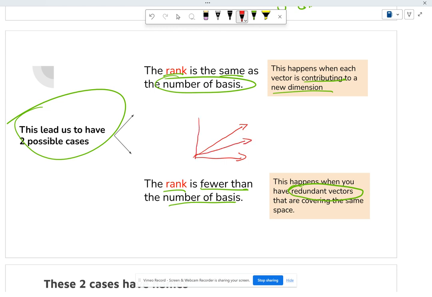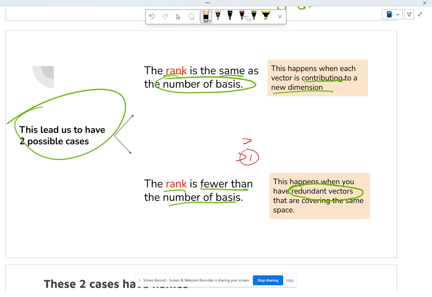The third one is actually on the same plane as 1 and 2. So imagine 1 and 2 are the x and y axis, and 3 is also on the x and y axis. This means that 3 is on the same plane, and you are not adding additional dimensions. Okay? So the key here is redundancy.